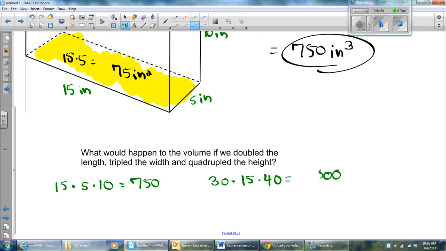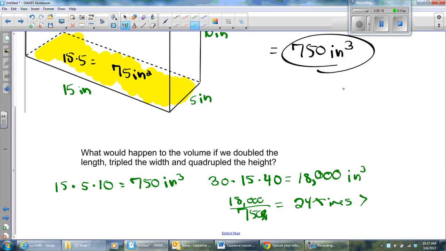Let me rewrite that. There we go. 18,000 cubic inches. Now I could take that 18,000 and divide by the 750. This will tell me how many times greater my new volume is. So I divide by 750 and I get 24 times greater.